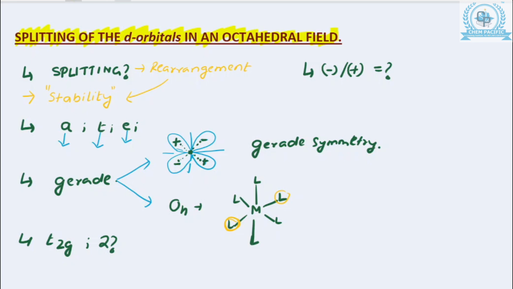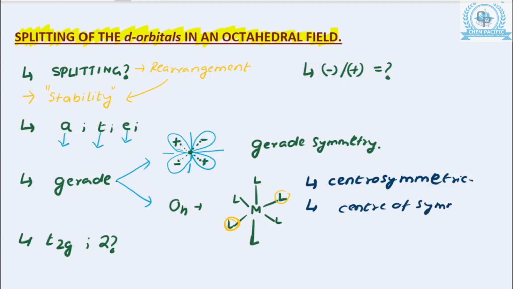This octahedral geometry is therefore centrosymmetric, and it means it possesses a center of symmetry. And therefore, the Gerade subscript is used in the case of the octahedral field.